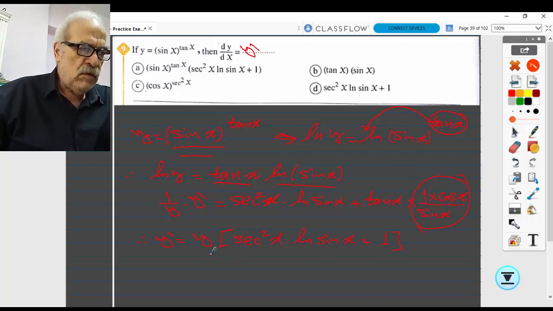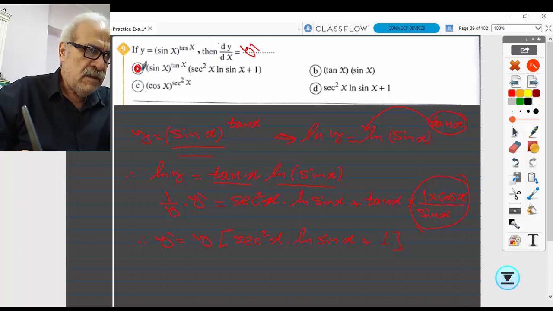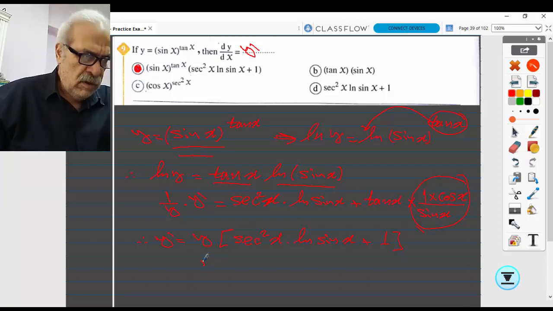And we know that y equals sine x power tan x. So the solution here will be in letter A. So our answer here is in letter A.